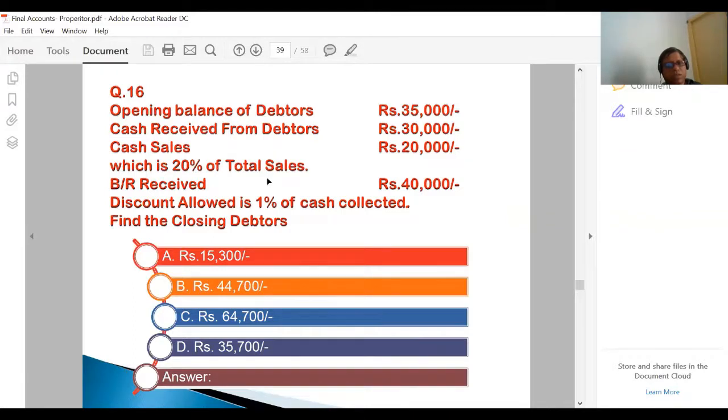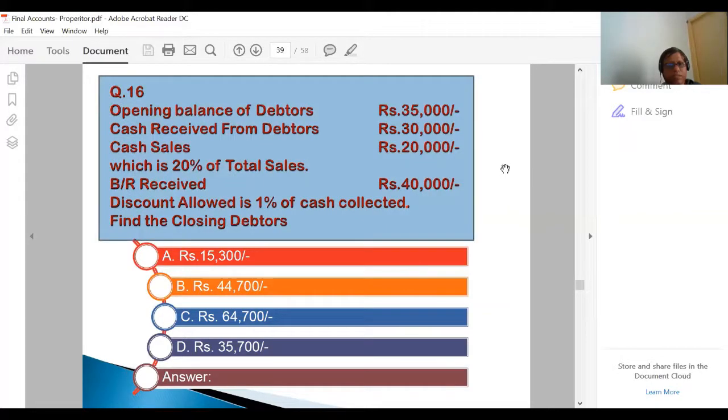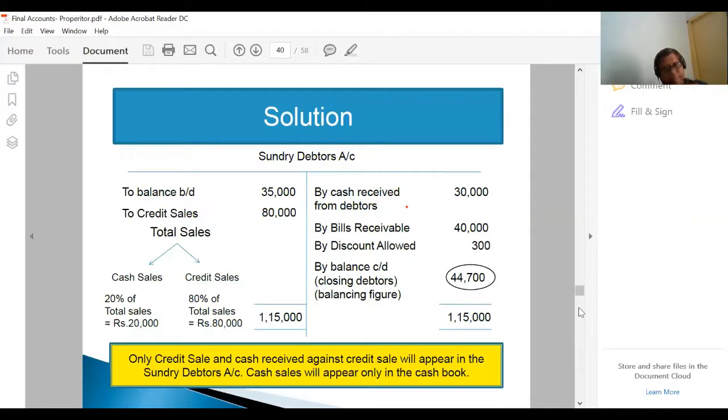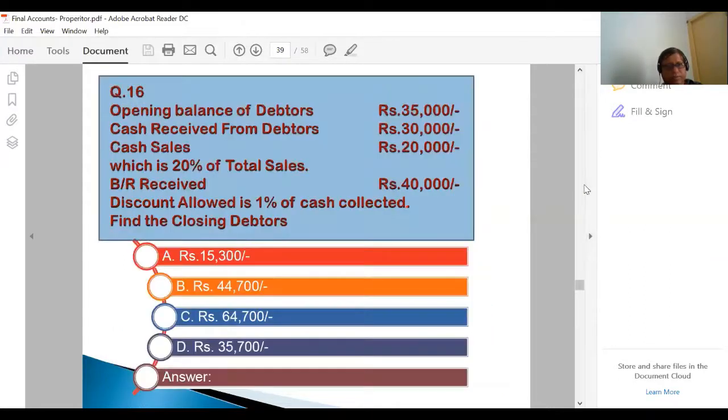Find out the closing debtor. So credit sales is 20% of X. That we need to do.